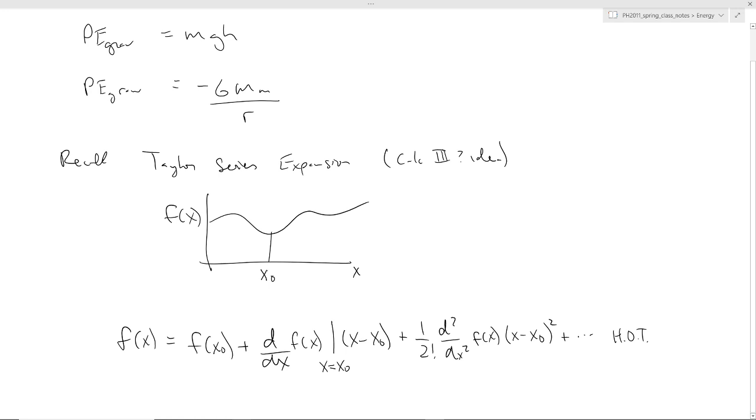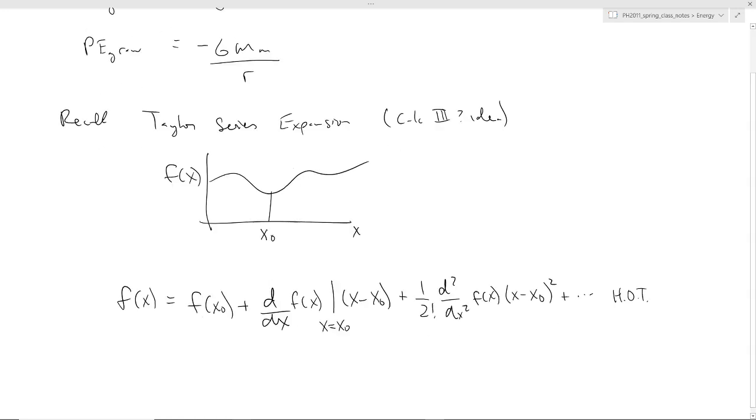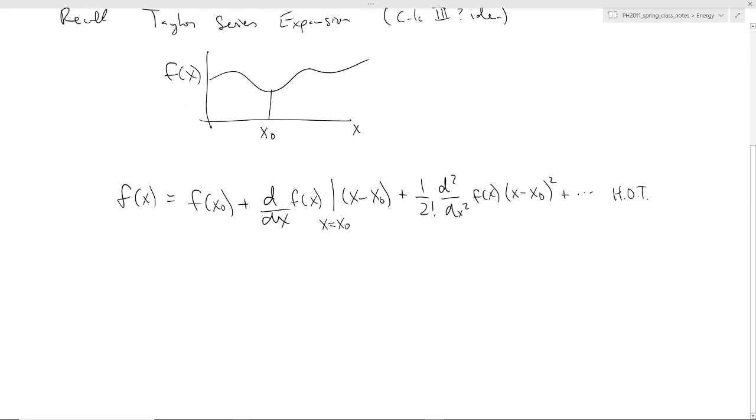So you could have higher order terms which have higher order derivatives and powers of x minus x naught. In other words, you can write this concisely as a sum.